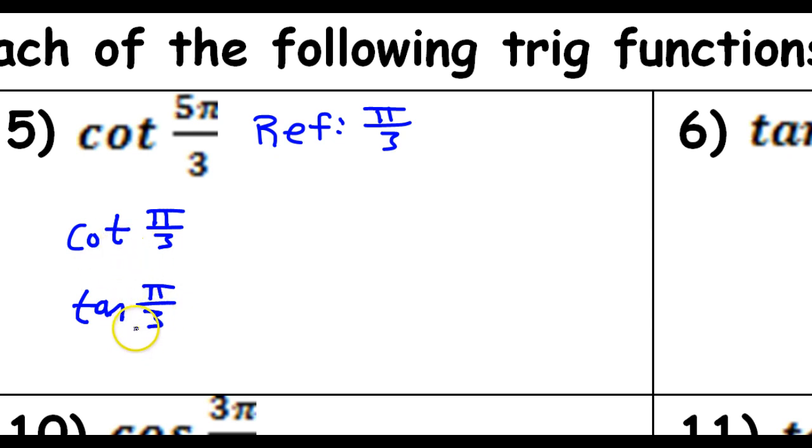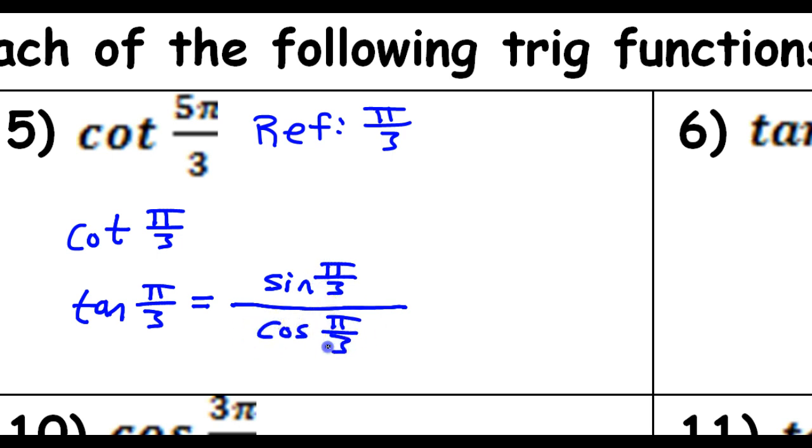So let's go ahead and find the tangent of pi over 3, and then we'll worry about the signs and stuff. We know that tangent is sine over cosine. So this will be the same thing as the sine of pi over 3 over the cosine of pi over 3.